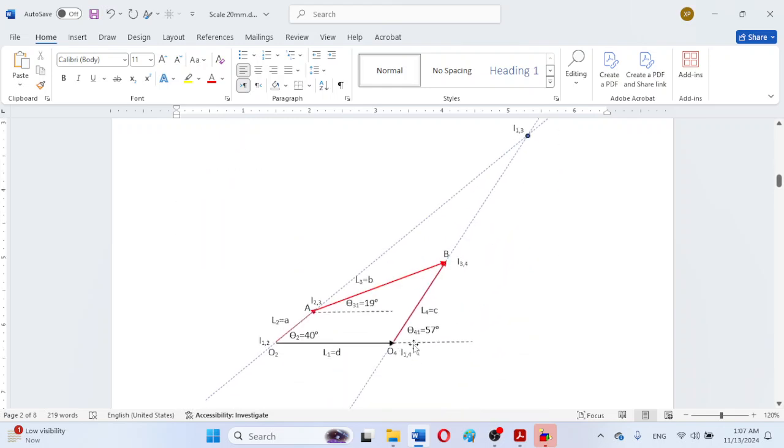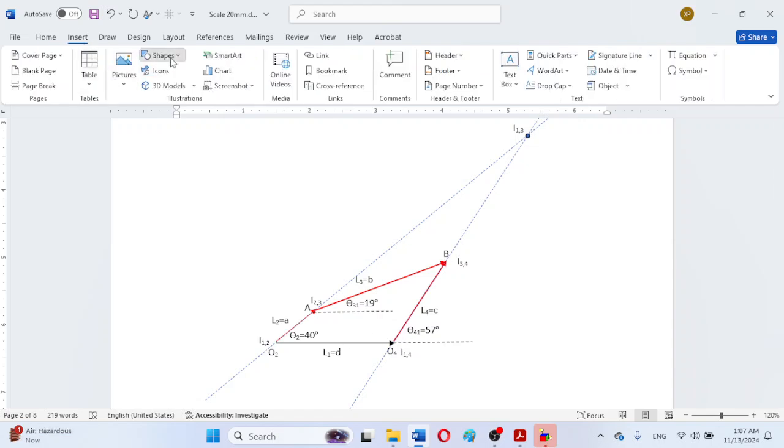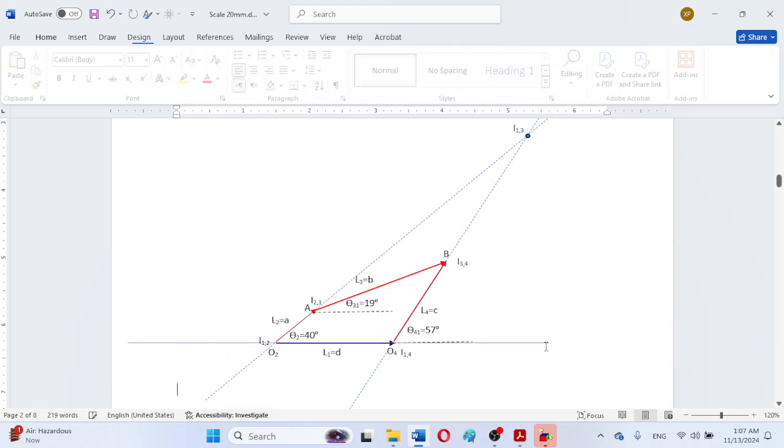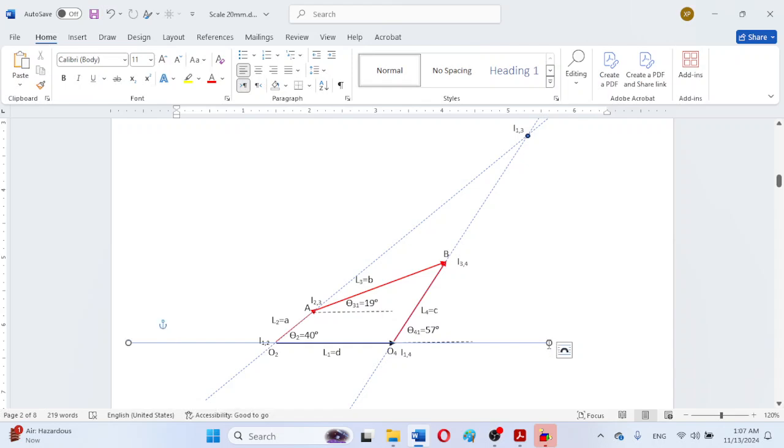So the line we can draw here like this, in both orientations, right or left, exactly overlapping the link directly connecting.